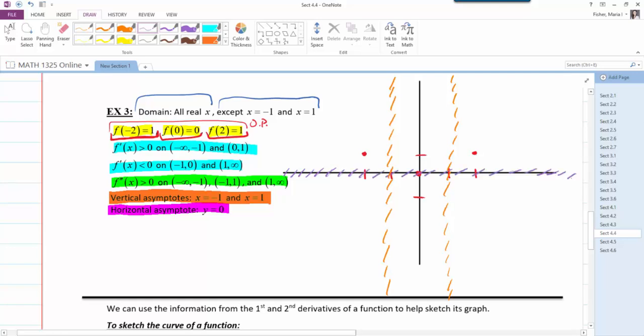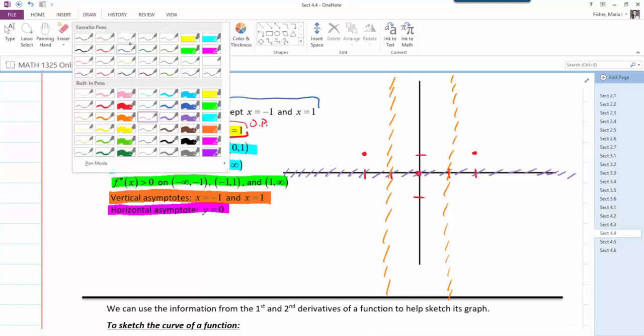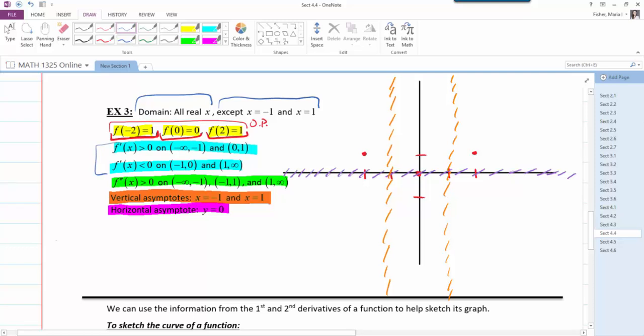Now let's look at the information that I was given about my first derivative. I am told that it is increasing on the interval from -infinity to -1, and then also from 0 to 1. And I'm told that I'm decreasing from -1 to 0, and that I'm decreasing also from 1 to infinity.